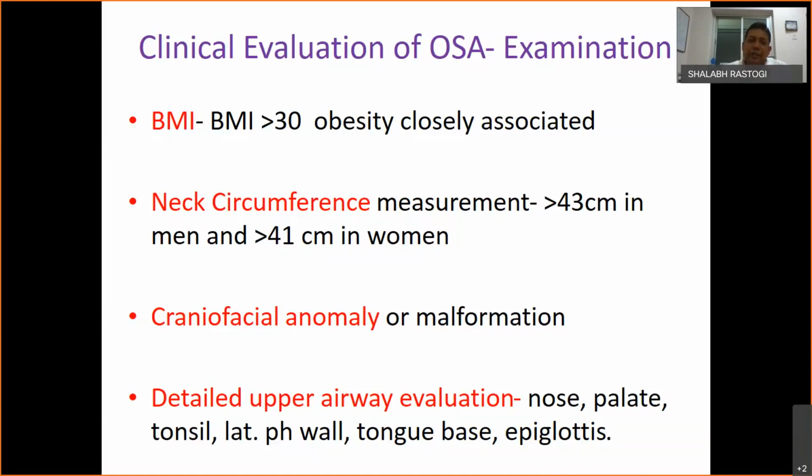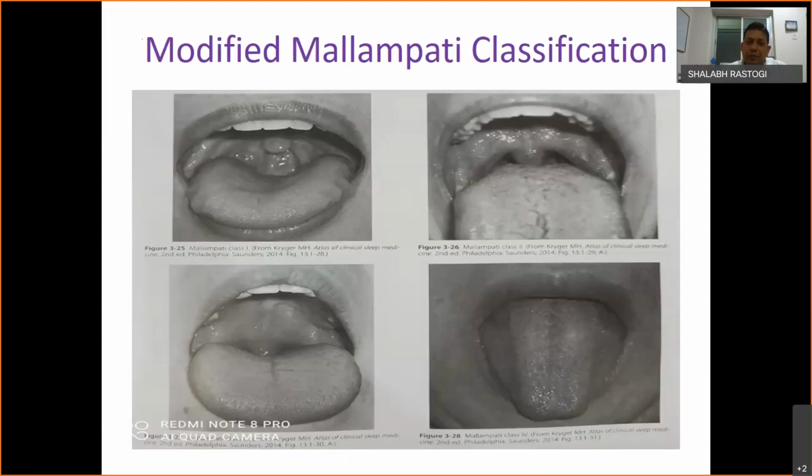Most of you must be having access to the fiber optic laryngoscope, so next time whenever you do a fiber optic laryngoscopy, just take a detailed note of all these things. You can also do a Muller's maneuver, which is the negative of the Valsalva, in which the nostril and mouth are closed, and the patient is asked to inspire deeply. So it creates a negative pressure.